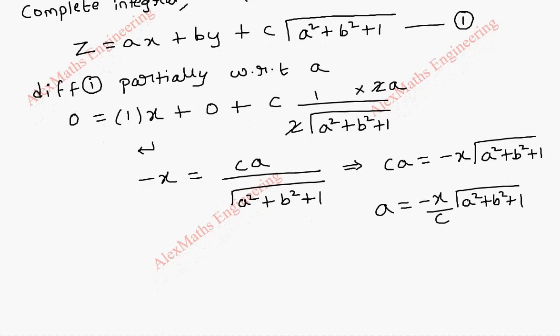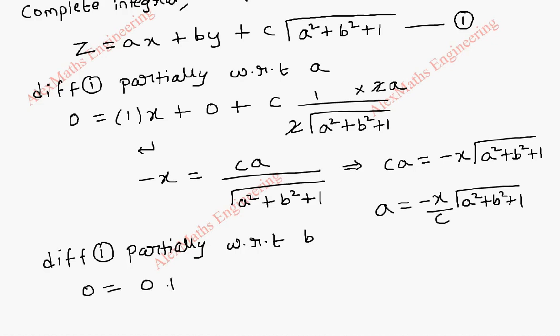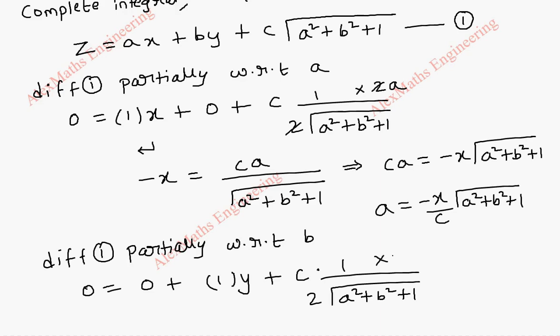In the same way, we take the first expression and differentiate partially with respect to b. So z differentiation is 0, ax is fully constant, so 0, b differentiation is 1, and y is a constant, stays as it is, c is a constant which stays as it is. Square root differentiation is 1 by 2 root a square plus b square plus 1 by chain rule into 2b, because we have to differentiate this term.